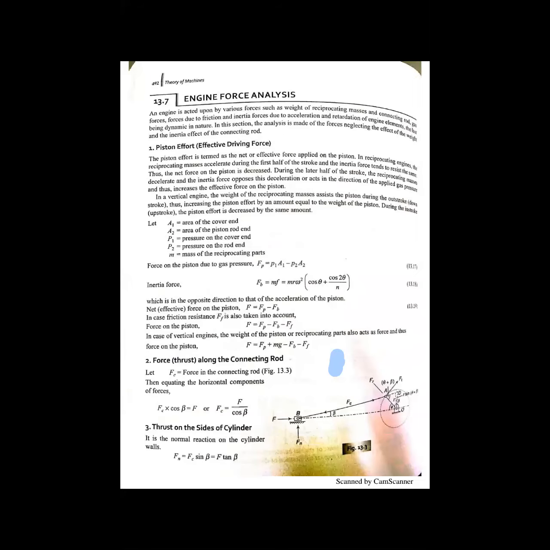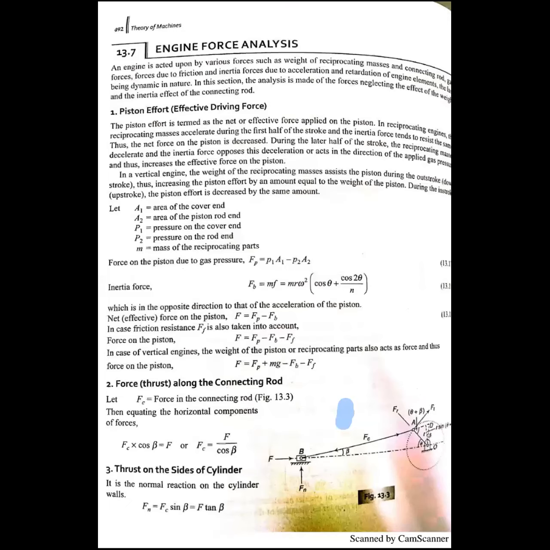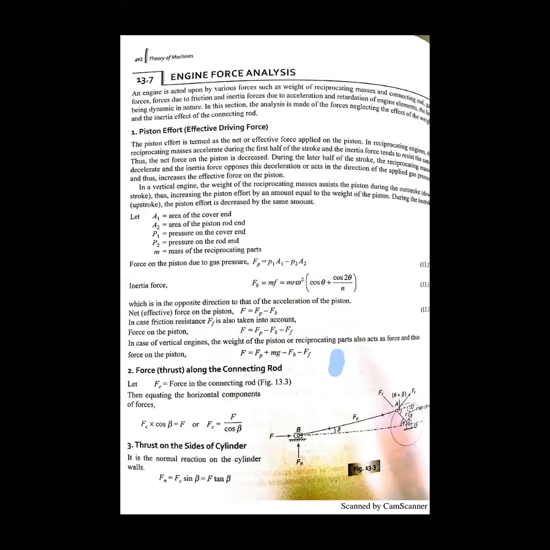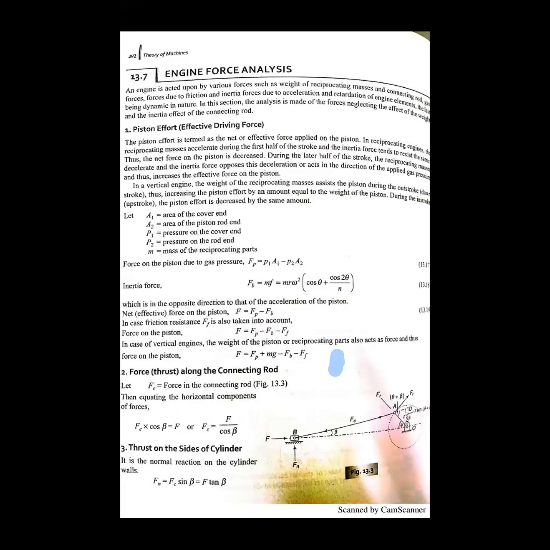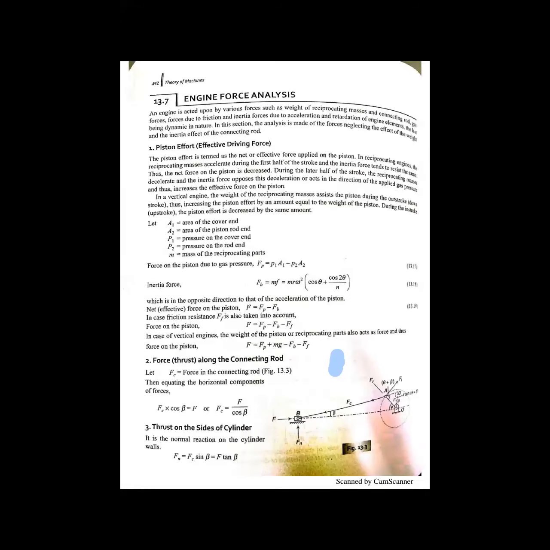Next, the force along the connecting rod, represented by F suffix C. Equating the horizontal components of the forces, Fc cos beta equals F.